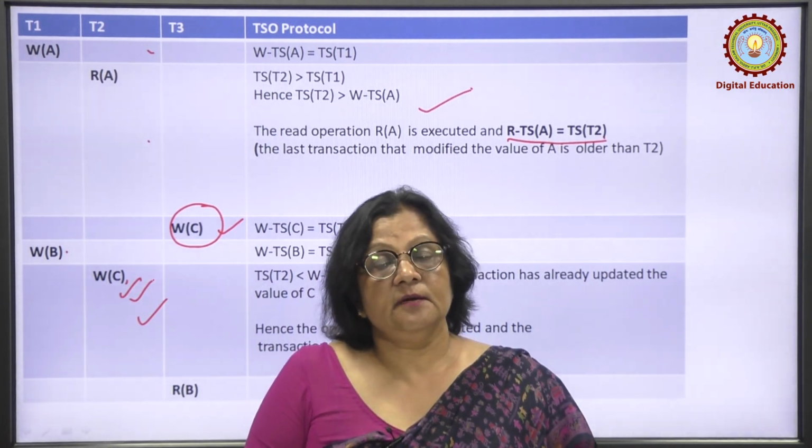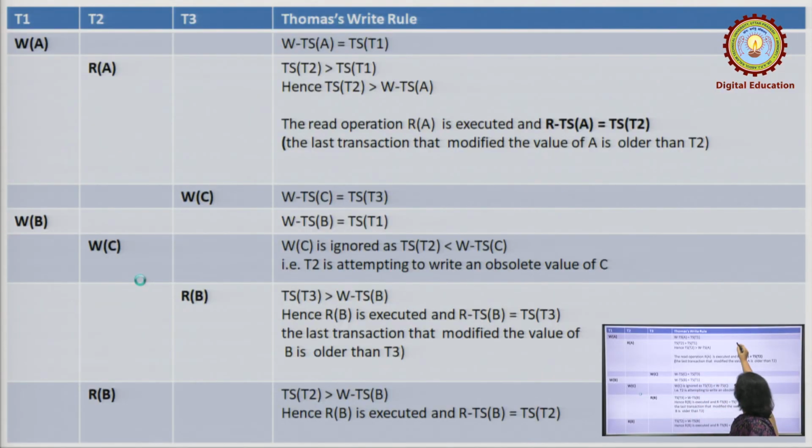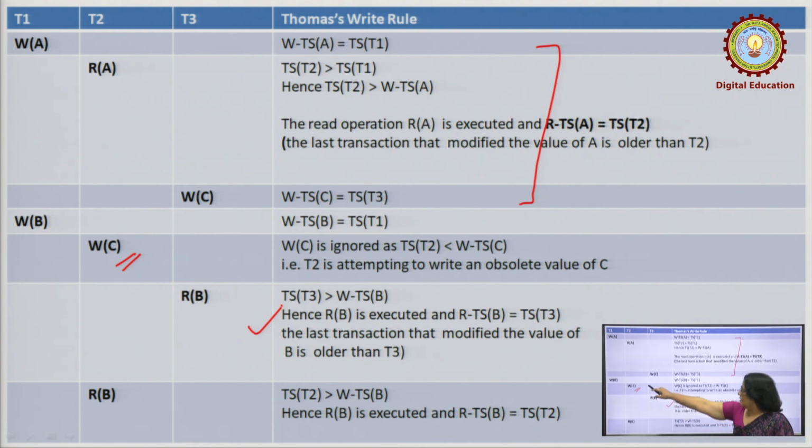Now, let us consider the same schedule under the Thomas's write rule. These steps are the same as in the TSO protocol. When we consider this write C, under the Thomas's write rule, this write C is ignored, and this read B is possible because a newer transaction is now trying to read a value updated by an older transaction.